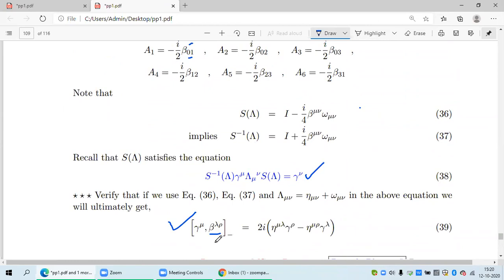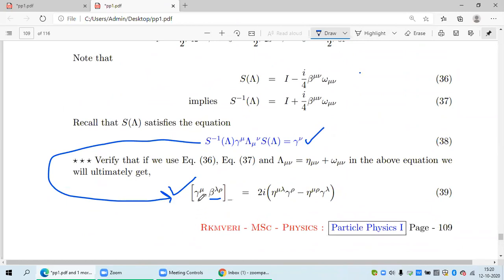It is just a translation of this equation to this in terms of this matrix. The gamma matrices are known matrices in the sense that they satisfy the Clifford algebra, and eta is just the Minkowskian metric. So the question is whether we can find such a matrix beta which satisfies this commutation relation.